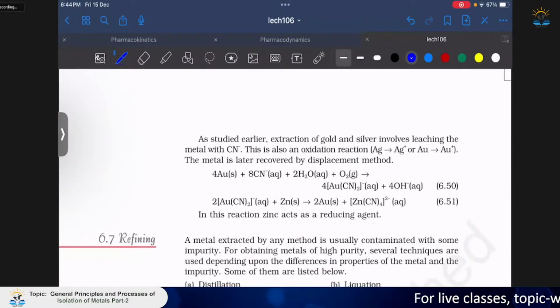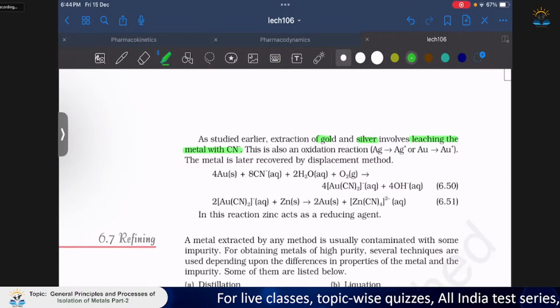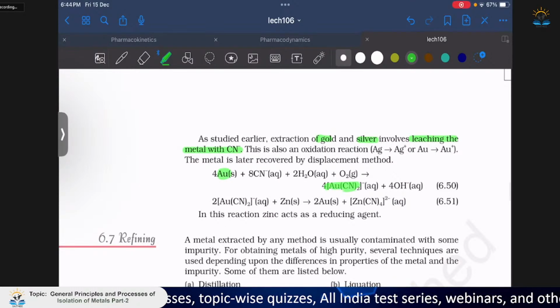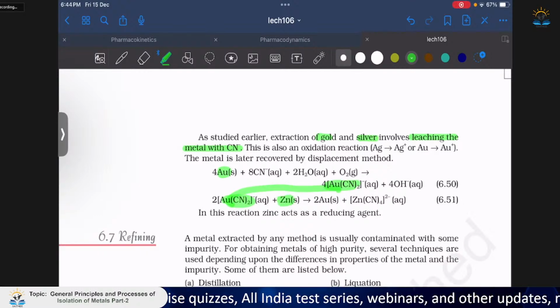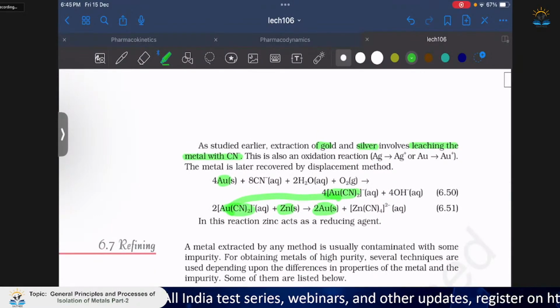Then gold, silver, etc. They involve leaching the metal with cyanide ion. Again, you have the first reaction. Gold forms a complex with cyanide ion. Now, a reactive metal will go into the complex and gold will be deposited.